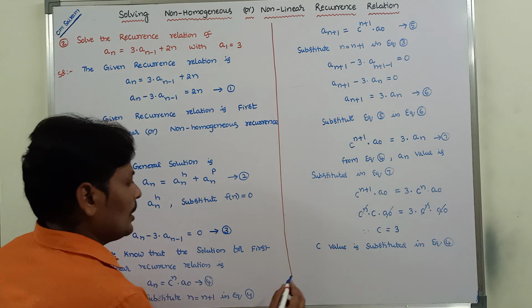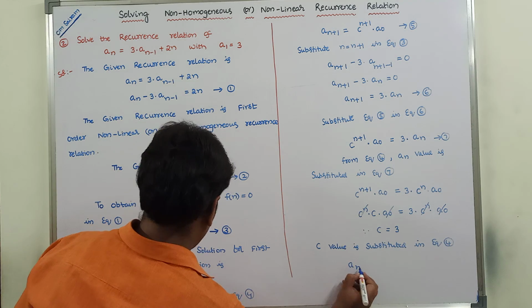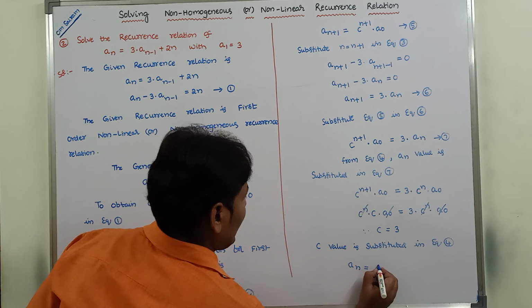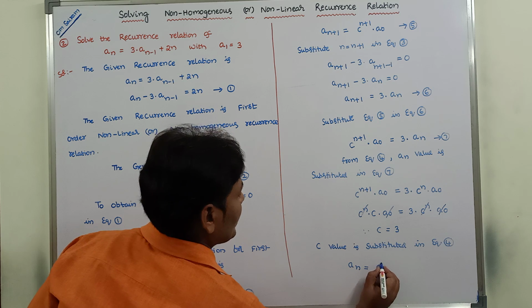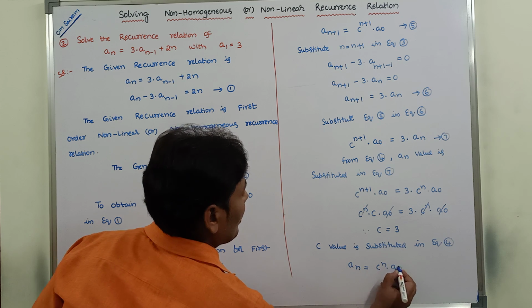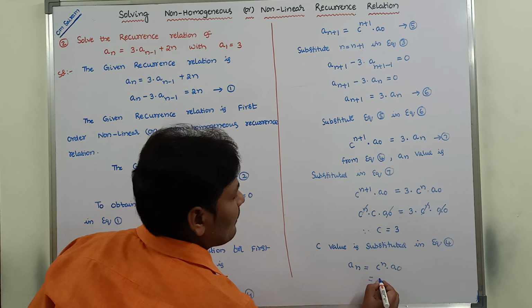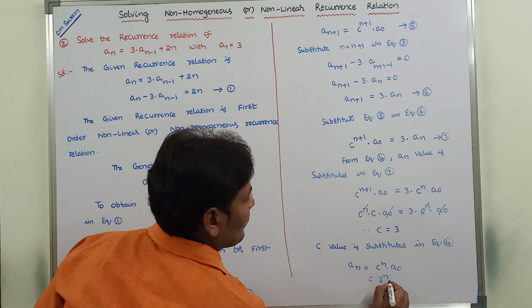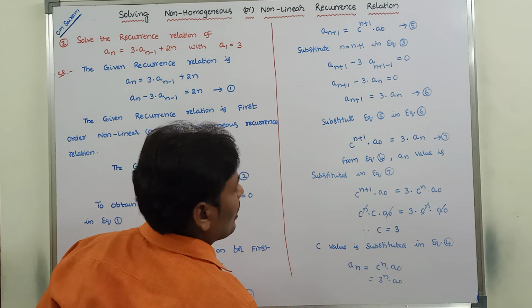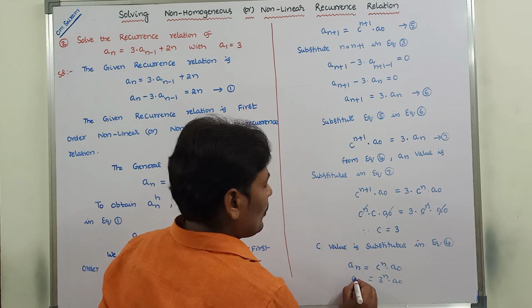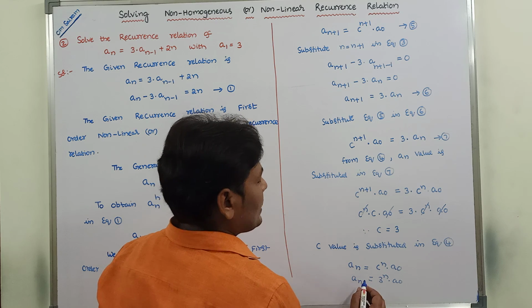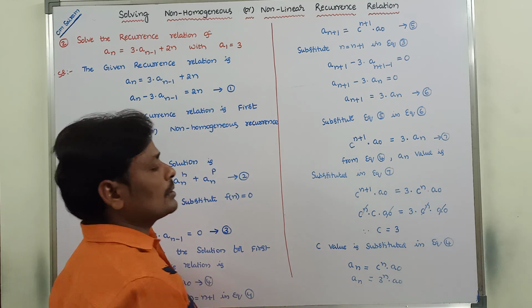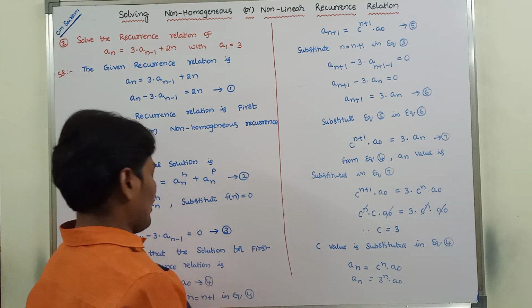Okay, so a suffix n is equal to c power n into a naught. What is c value? C value is 3. 3 power n into a naught. Okay, so now we are getting a suffix n is equal to 3 power n into a naught.